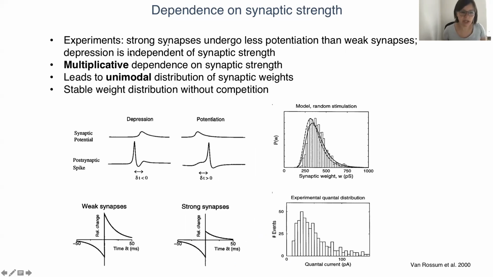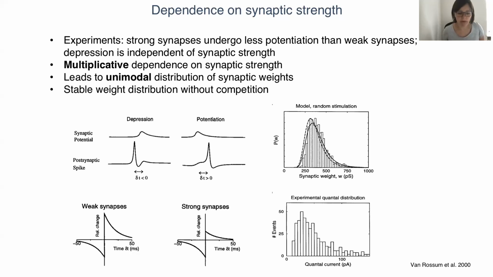The depression is independent of synaptic strength, but potentiation undergoes multiplicative normalization. So when synapses are being potentiated, strong and weak ones will experience normalization that's proportional to the synaptic strength, exactly like this multiplicative normalization that Mackay and Miller studied in their rate-based framework.